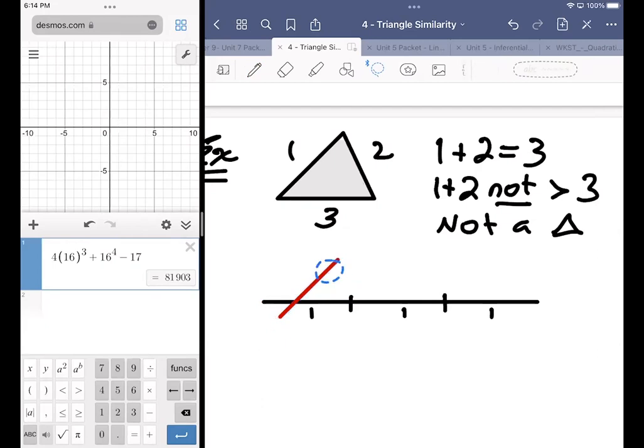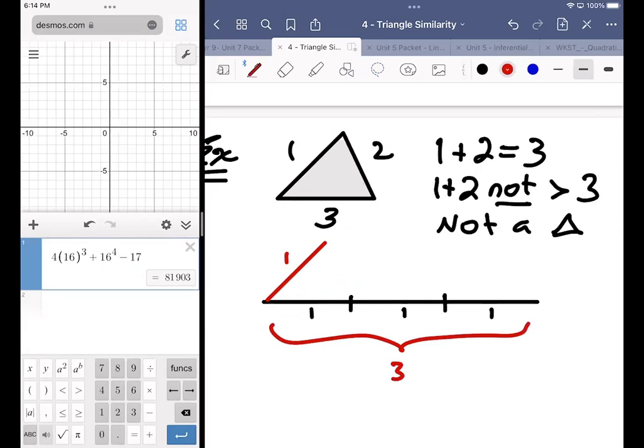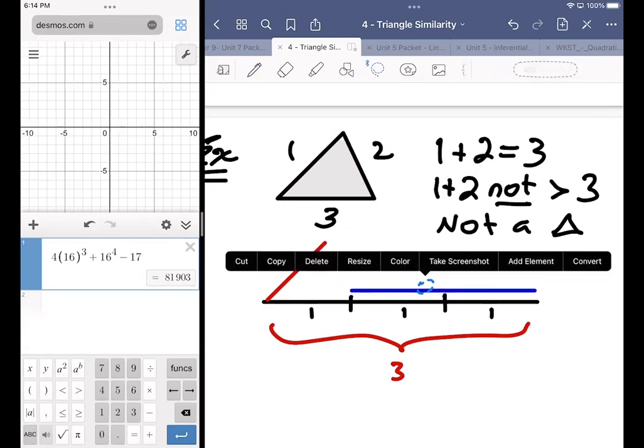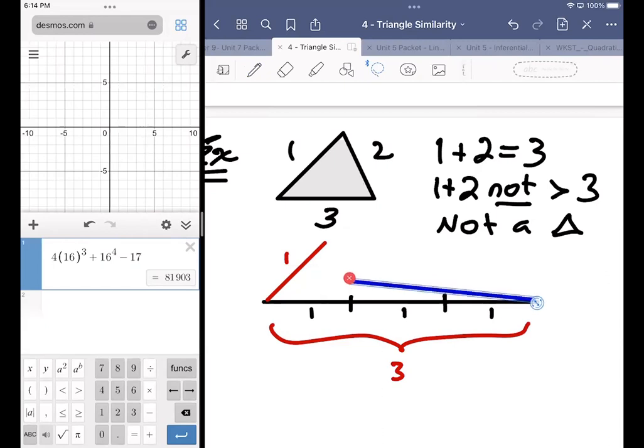That would be a side of length of 1. So I'm essentially drawing it to scale because this side here has a length of 3. All right, a side with a length of 2 would look something like this.